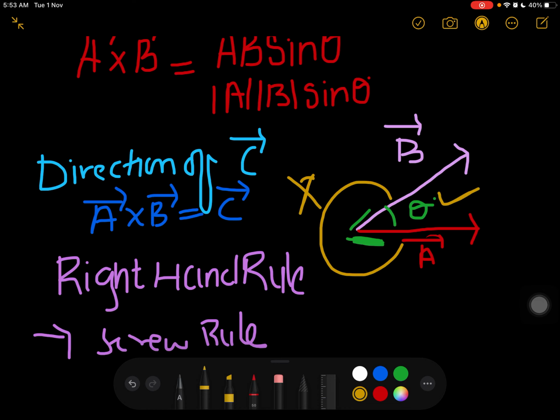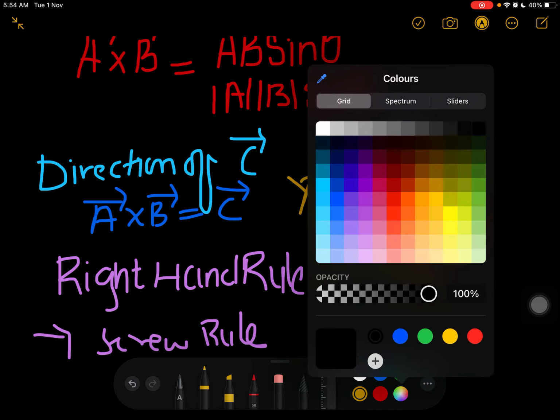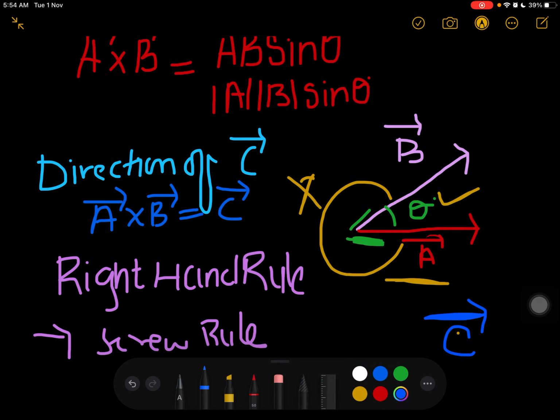And wherever your thumb points, that is the direction of A cross B, or C. So you place your palm on A, curl your fingers towards B along the small angle, and wherever your thumb is pointing, that will be the direction of C.